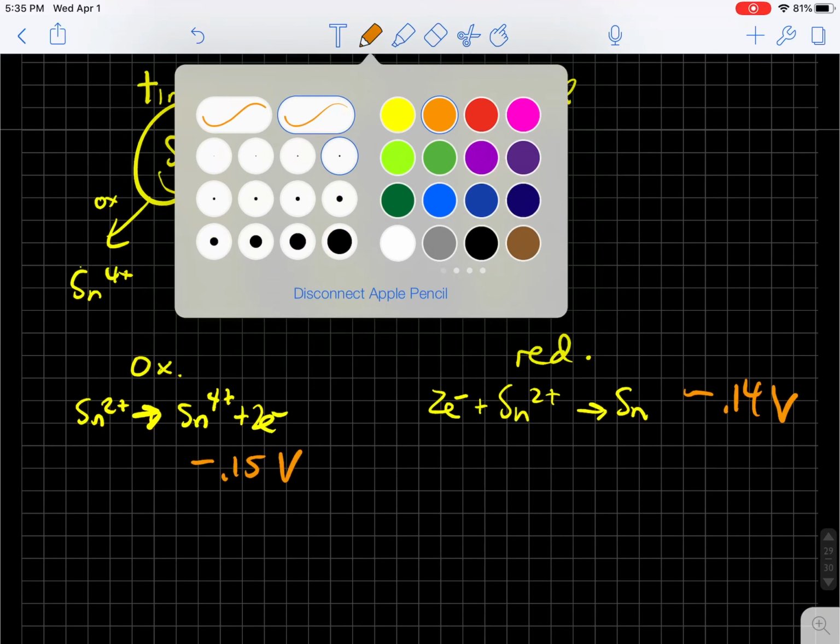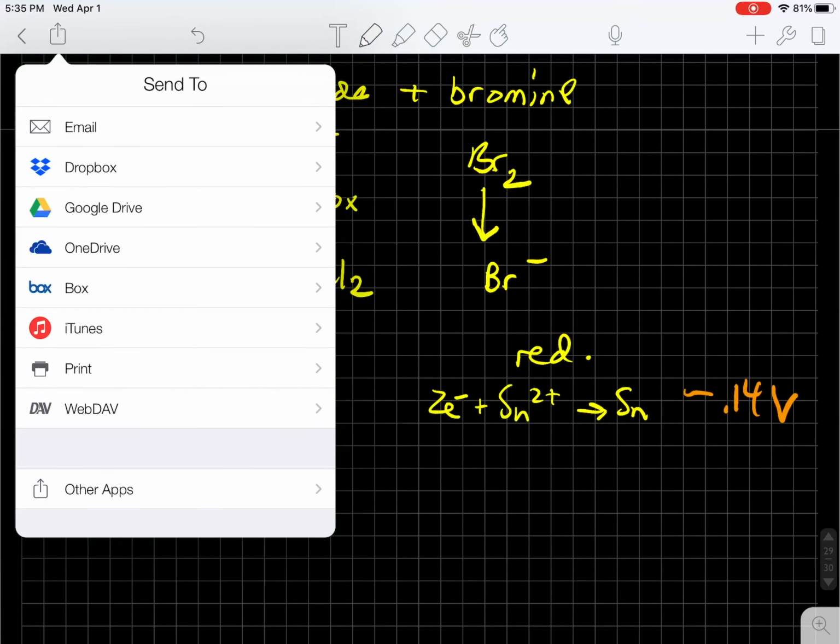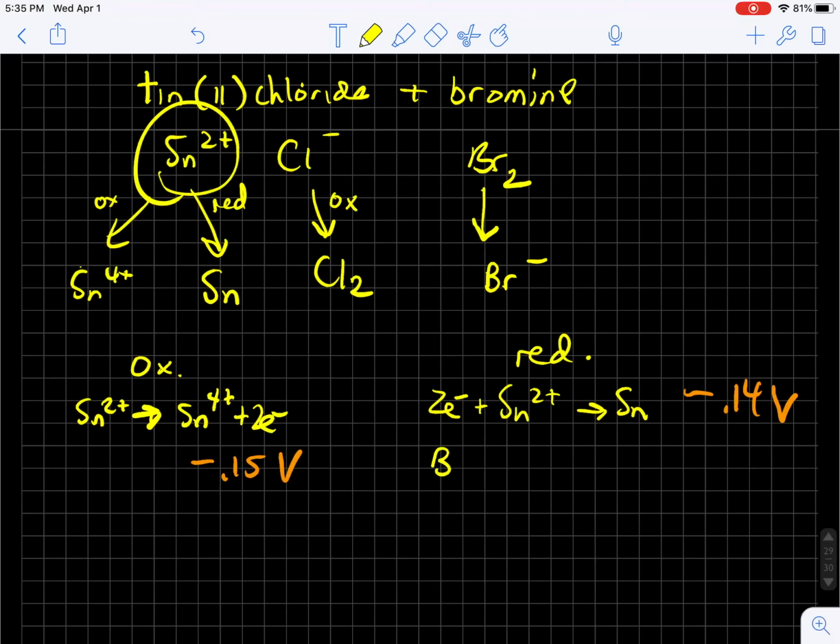the bromine oxidation potential. So let's take a look at the chloride reduction potential, and we already know this is going to be a very large value. Chloride oxidation is going to be a very low value. The reduction of bromine is going to be a very large value. So let's take a look at bromine becoming 2 bromides.